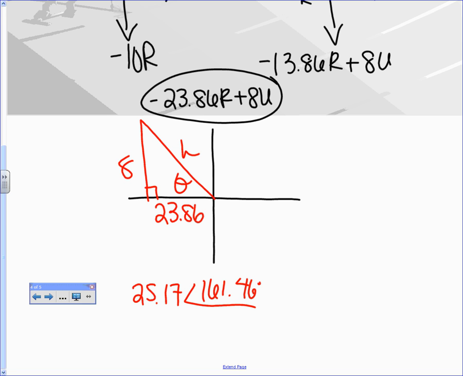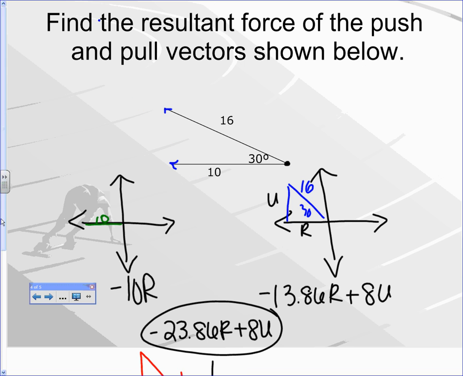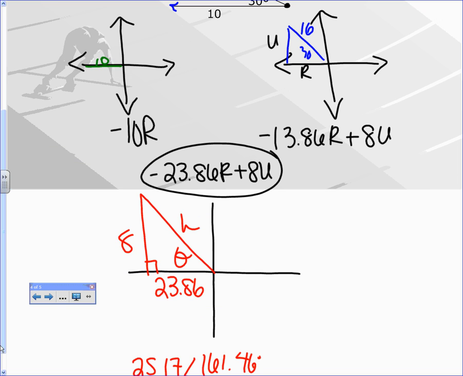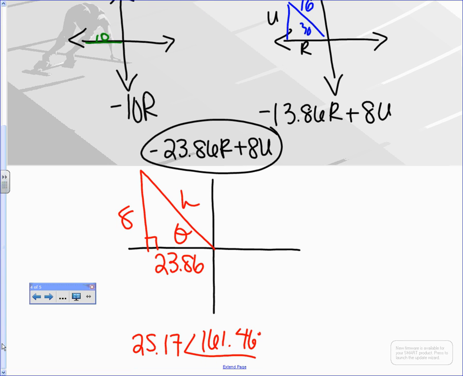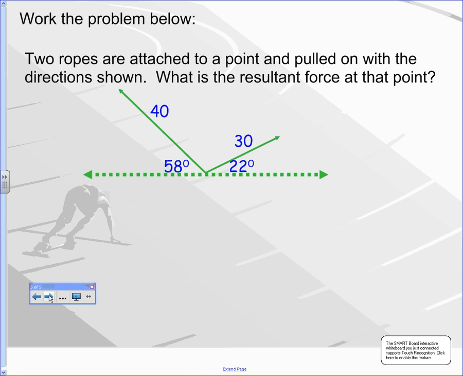Oh, the answer is both of these. Good. That make sense? Okay. Look at another one.